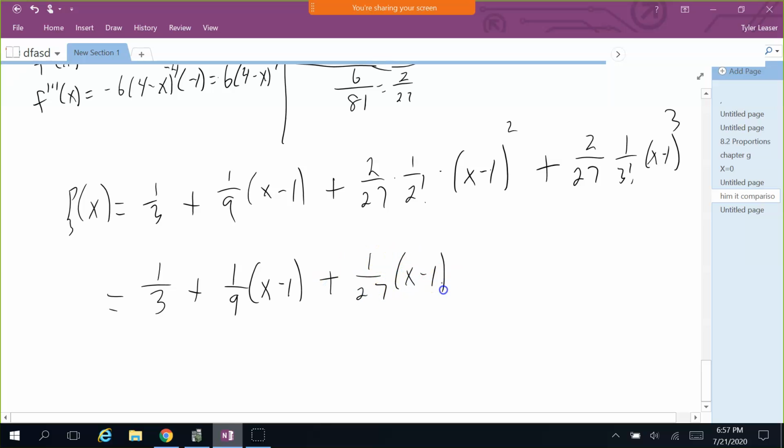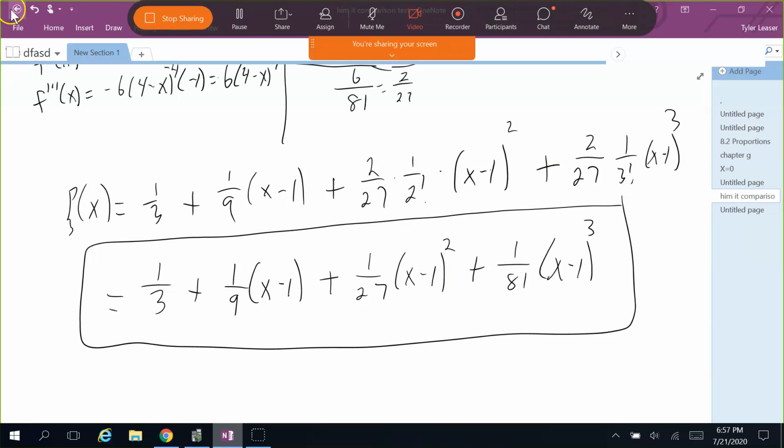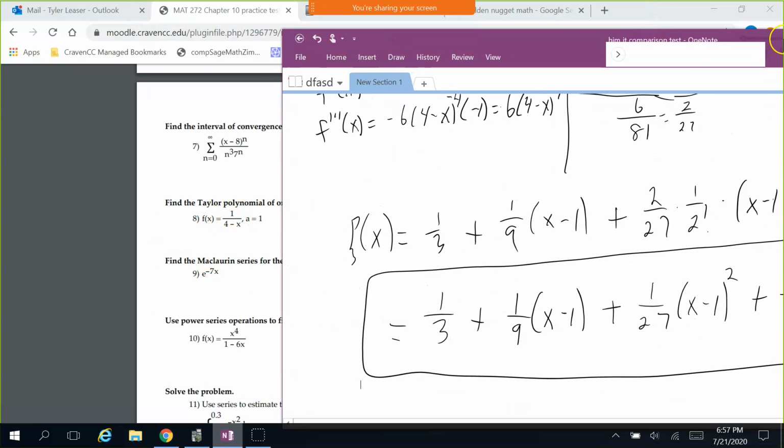This is times x minus 1 squared. These two fractions together, I think it's 1 over 81, it looks like. It's going to be x minus 1 cubed. So this would be my Taylor polynomial of order 3 of the function, I forget what it even was at this point, 1 over 4 minus x.